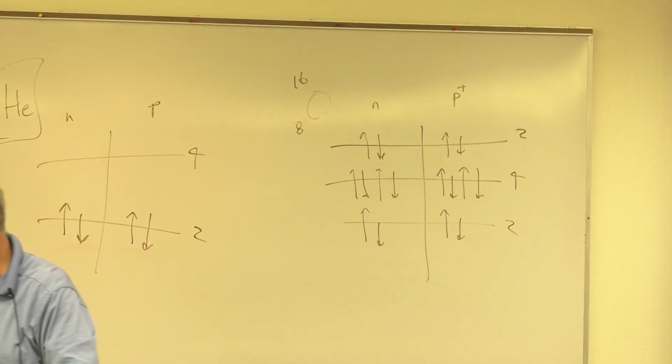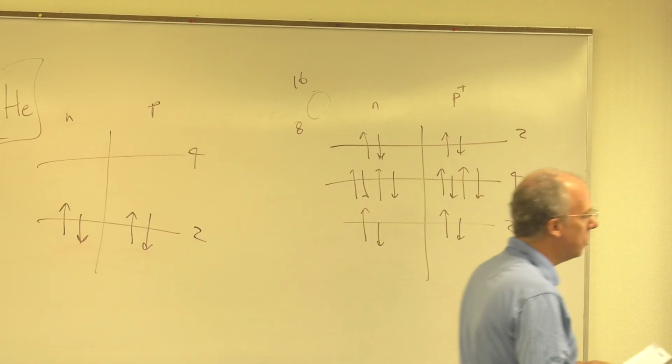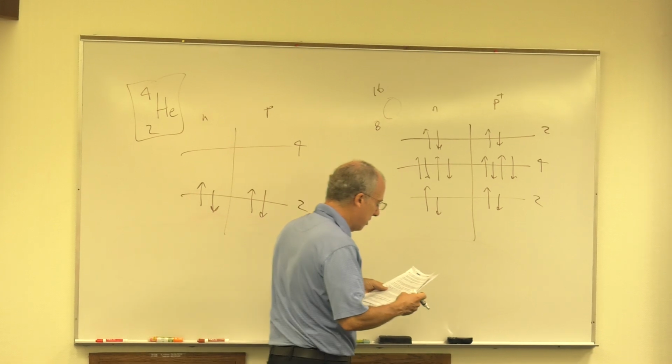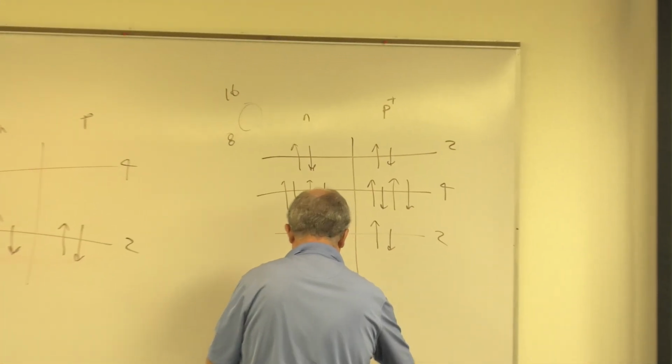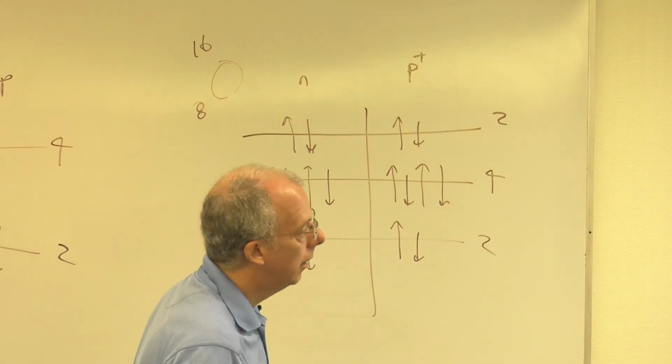So carbon-12, highly stable. Helium-4, highly stable. Oxygen-16, highly stable. Now, where have we heard that before? Remember that, a while ago?